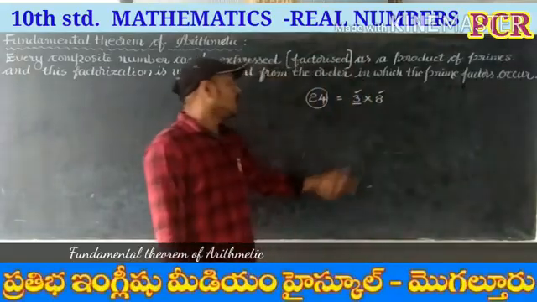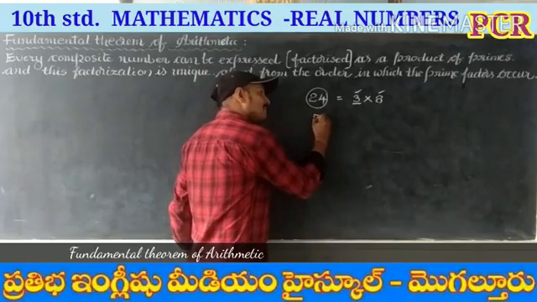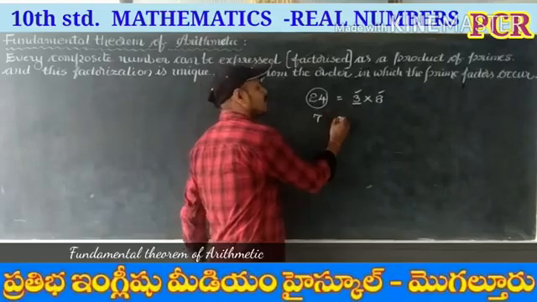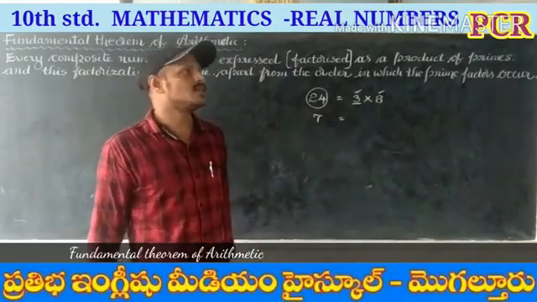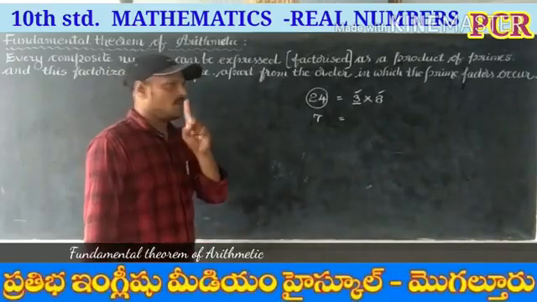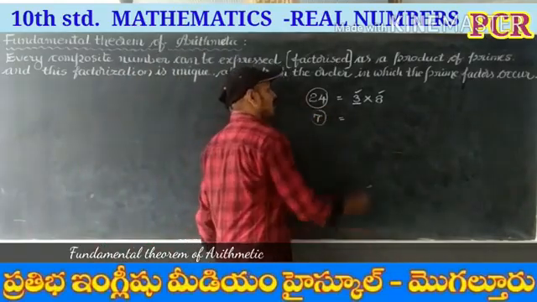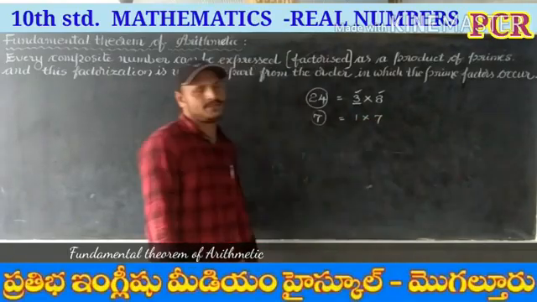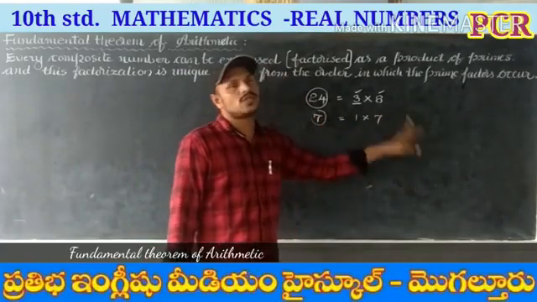And you know some numbers, something like 7. Can we write 7 as the product of any two numbers? Yes, we can write 7 in only one way, that is 1 into 7.